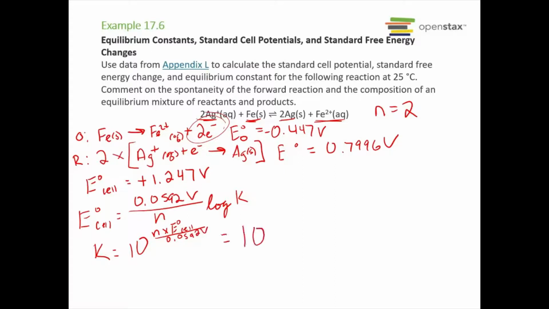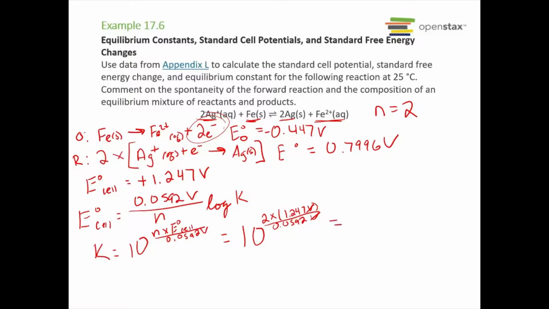So this is 10 to the 2 times 1.247 volts divided by 0.0592 volts. So we can see our volts there cancel, which makes sense because 10 to any power, there shouldn't be any units. So good.